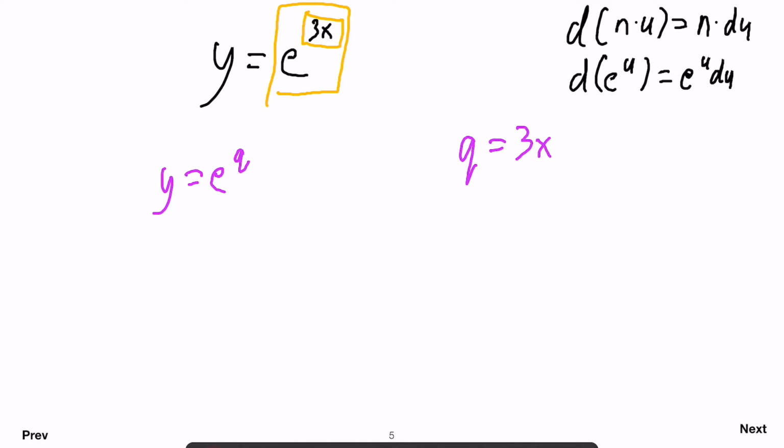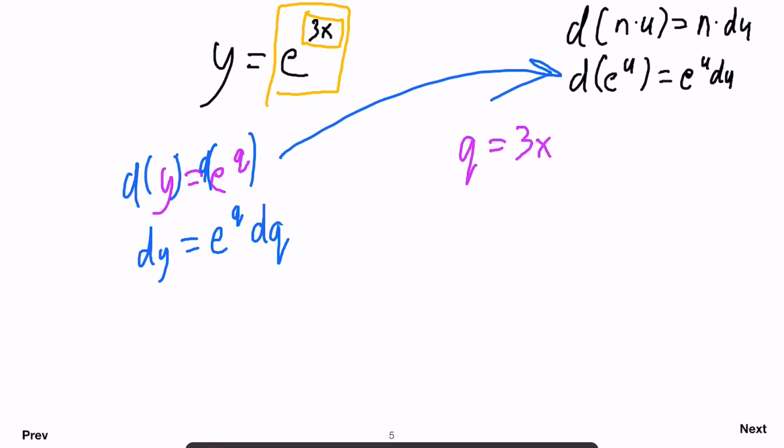So e to the q is just like e to the u or e to the x or any of those other things. So if I take the differential of both sides, I will get dy equals e to the q dq. And that is exactly matching that rule.